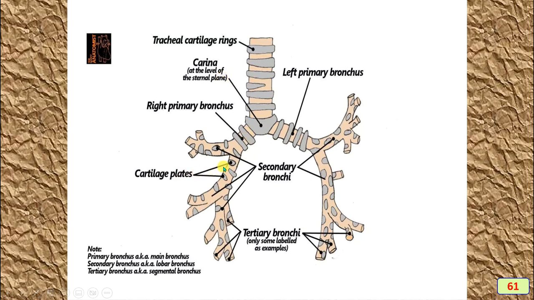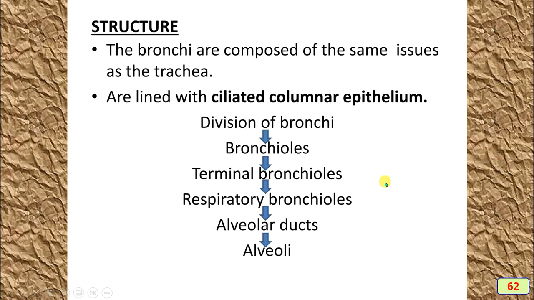Then the cartilage plates look like this dotted structure, and the secondary bronchi. Once again, this is the main division followed by the secondary division. They are called secondary bronchi, and once again they branch and rebranch like tertiary bronchi. Only some labeled examples are depicted here.